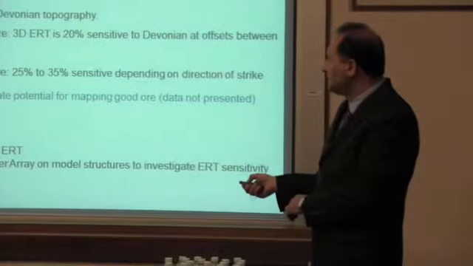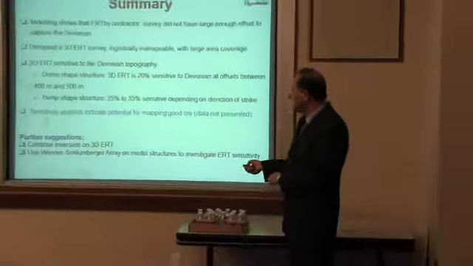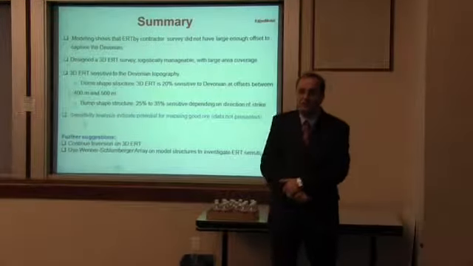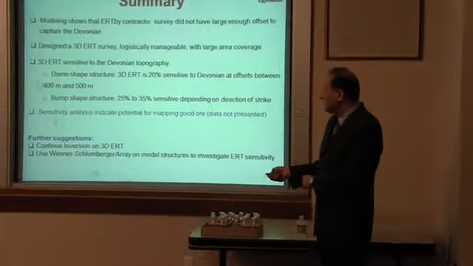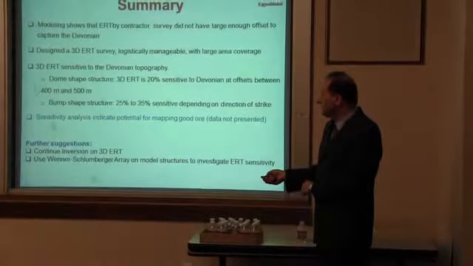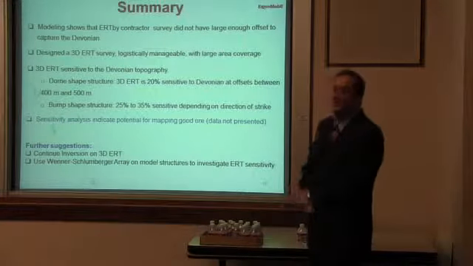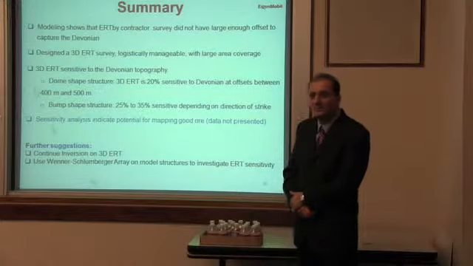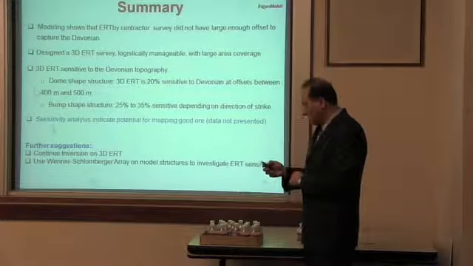The sensitivity analysis, which I did not show today, indicates potential for mapping good ore using ERT methods. As further suggestions, I initiated the inversion, so continue the inversion on 3D ERT as well as using other array configurations to have a second opinion and to find better resolution on other features.